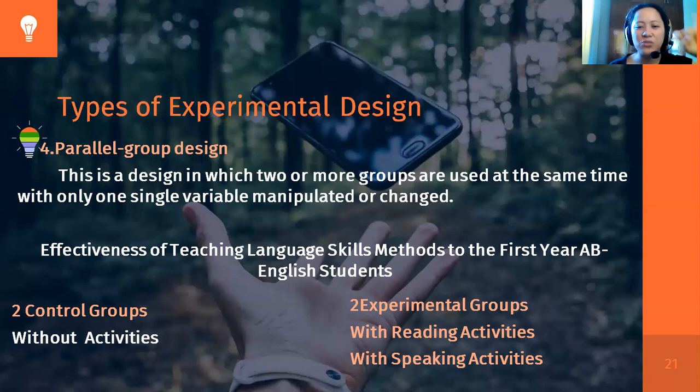First group is treated with reading activities, and the second group is treated with speaking activities. So it depends on your research questions whether you want to see if there is a significant difference between respondents being treated with reading activities and respondents with speaking activities. So like that. That is parallel group design or parallel group experimental design.